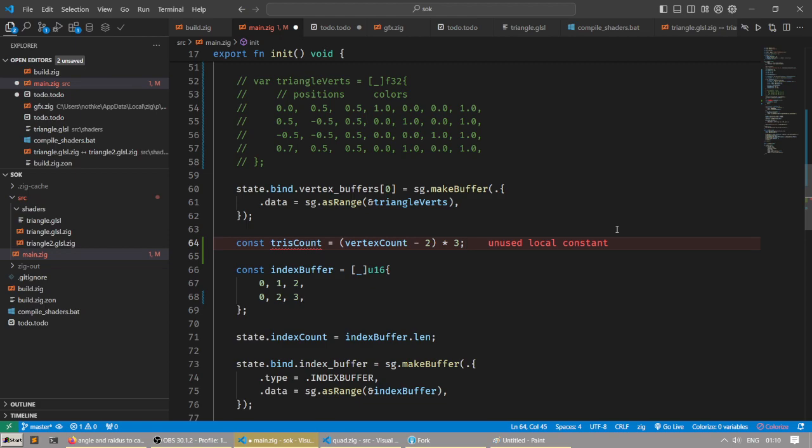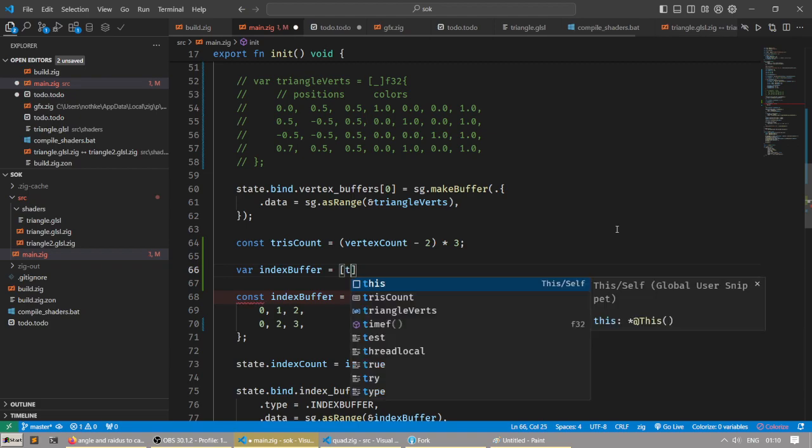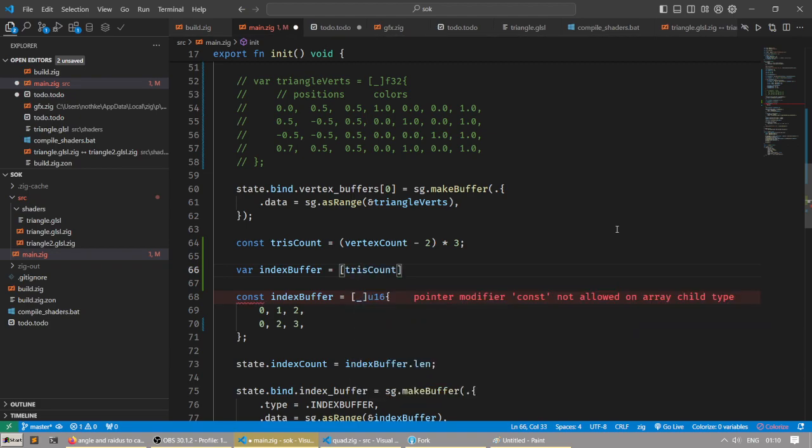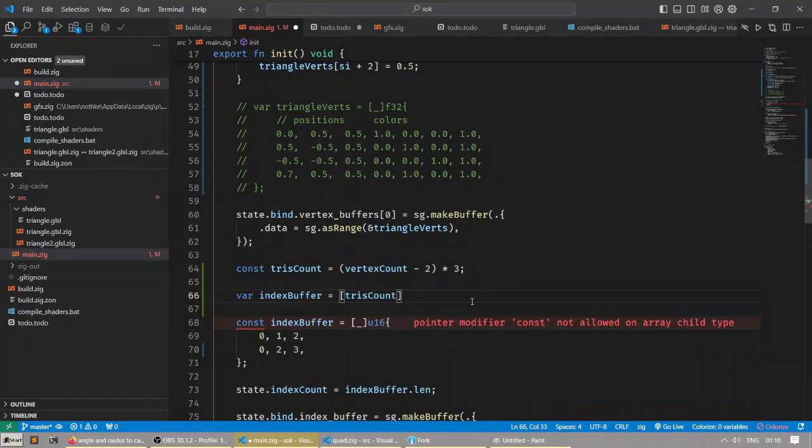Try count. Now, since we know the try count, we can pre-allocate the buffer. We can say index buffer is try count u16, but should we mem allocate to 0 or not? No, let's keep it undefined. So I'm gonna make it the type of u16 and equals undefined.